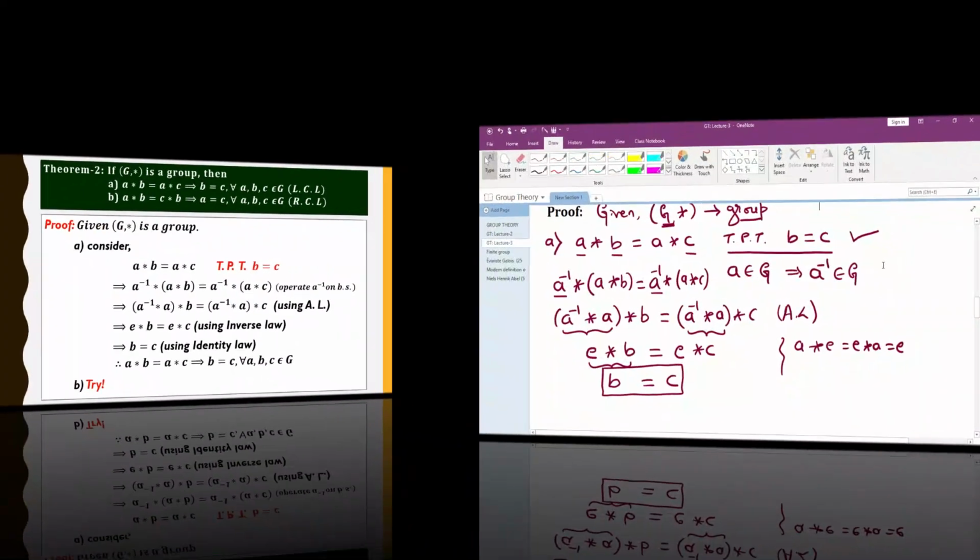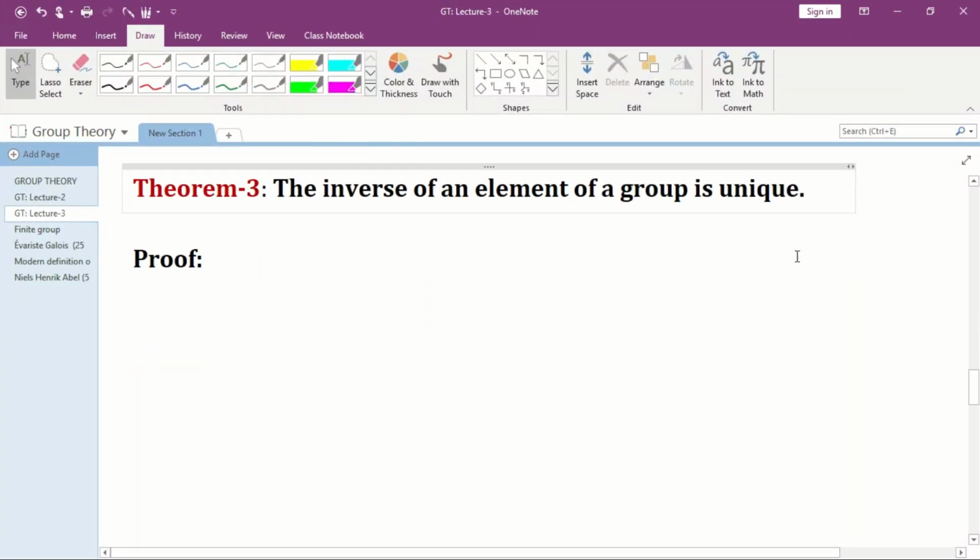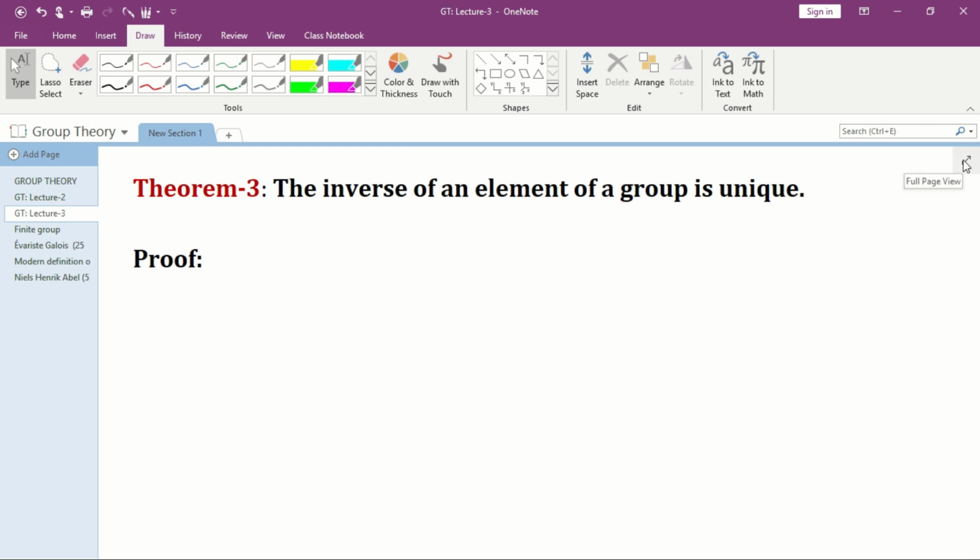Next we shall move to the next property: the inverse of an element of a group G is unique. Again, if we consider (Z, plus), what is the identity? 0 is the identity element.